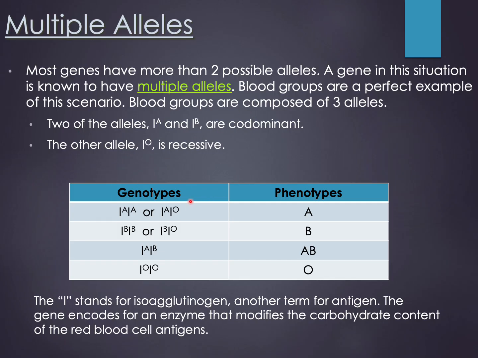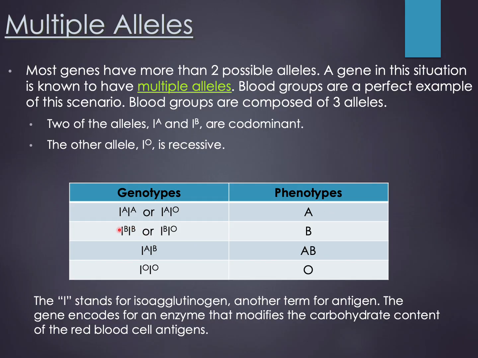Looking at the genotypes, again, your genotypes are represented with the letters. Phenotypes is the physical characteristic. So here, when you're looking, you have the codominants, 2 capital A's or a capital A with the recessive O. Both of these are going to represent an individual with A-type blood.